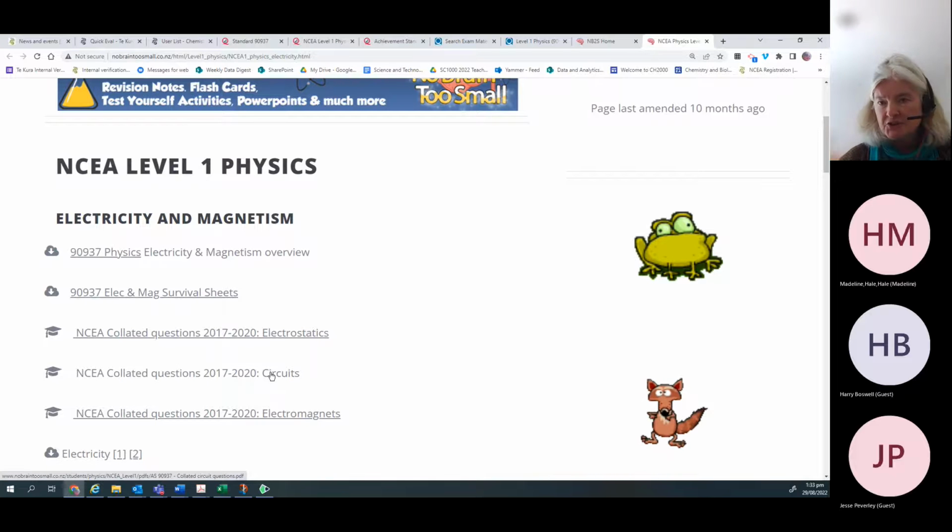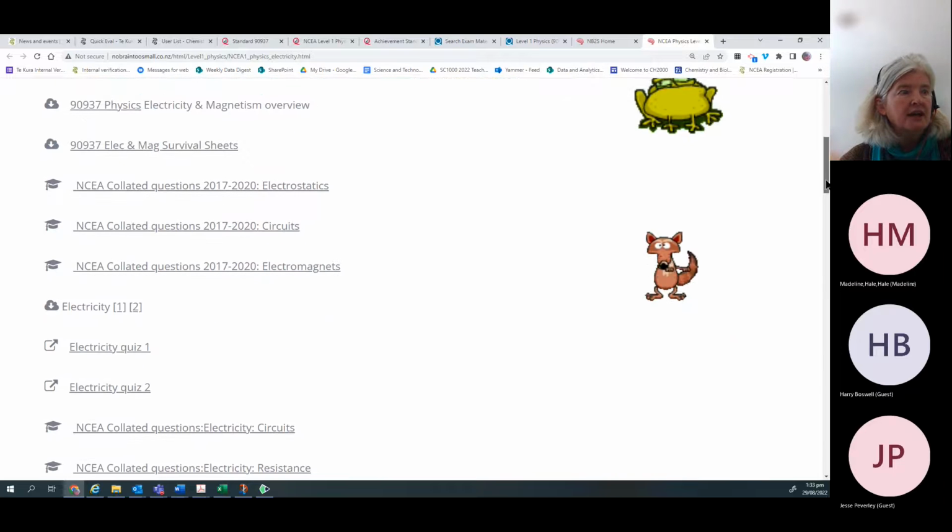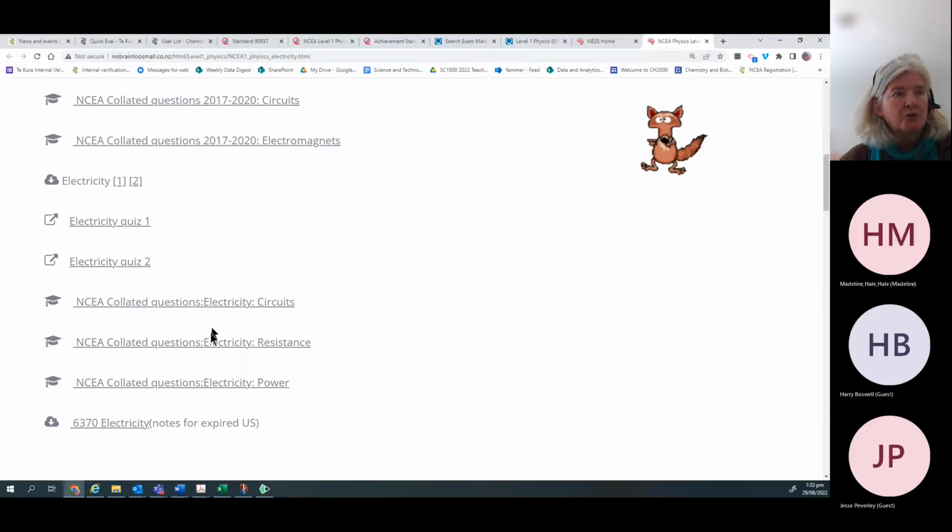And again, similarly for circuits, if you're struggling with circuits or the electromagnets, you know, the right-hand rule and all that sort of stuff. So that's really useful. And then there are some more from further past papers as well. So I really recommend that you do work through those for practice.